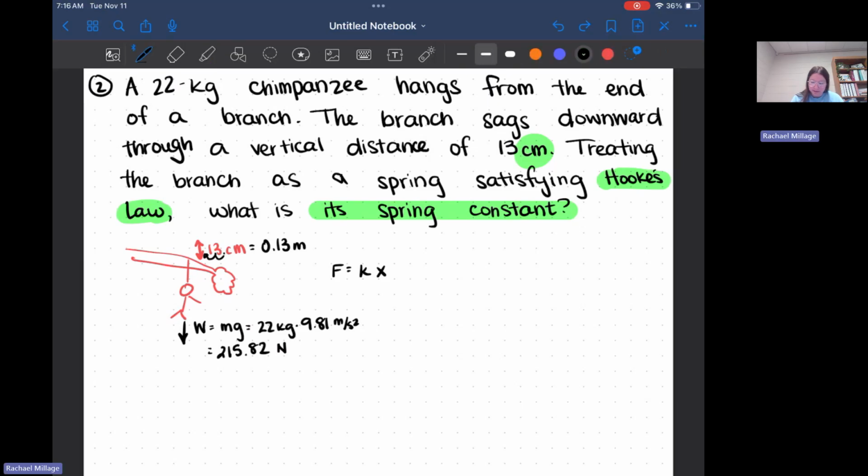So my force is going to be 215.82 equals K, some spring constant, and we know we're not going to have that because it's what we're solving for. And then X is my displacement. Hey, we know that. 0.13 meters.